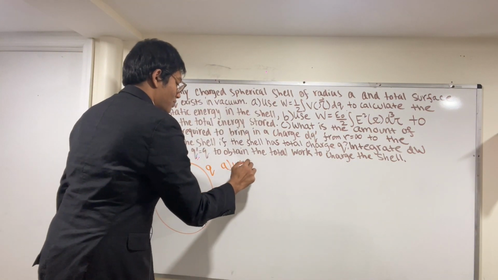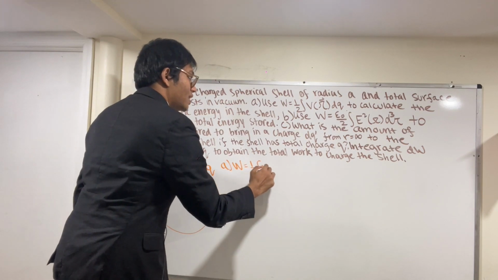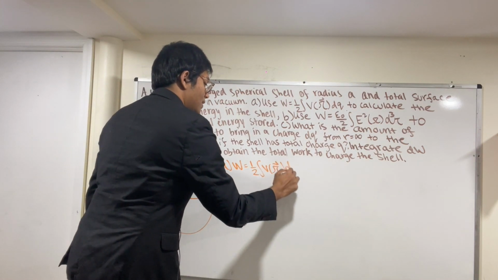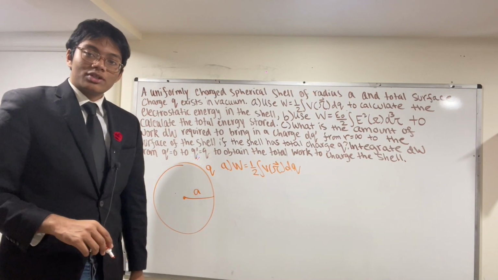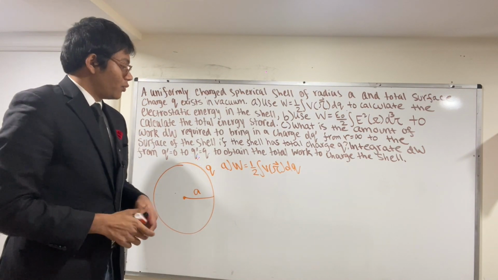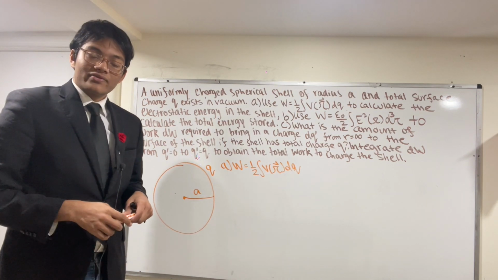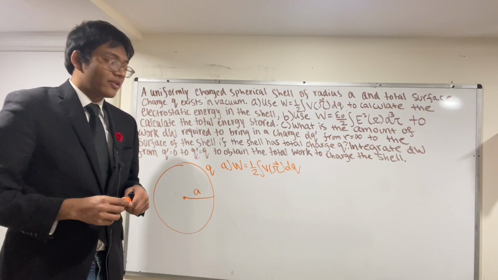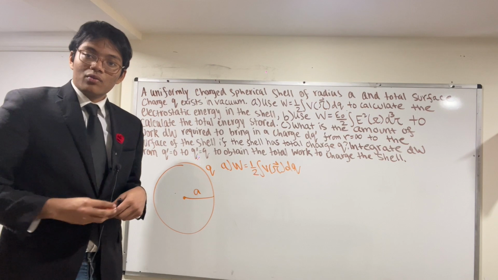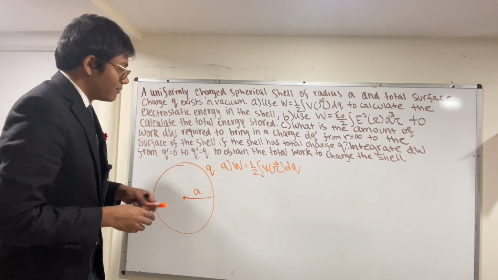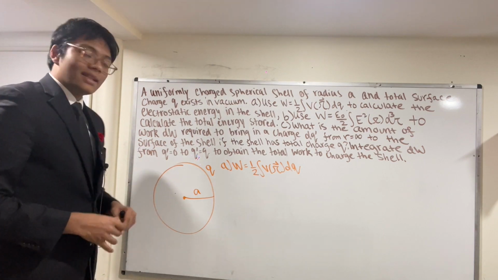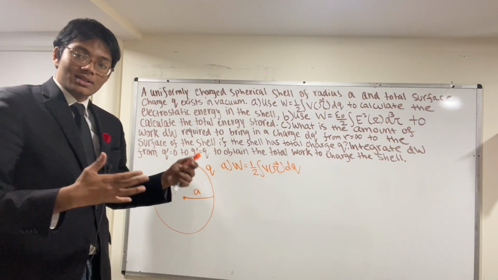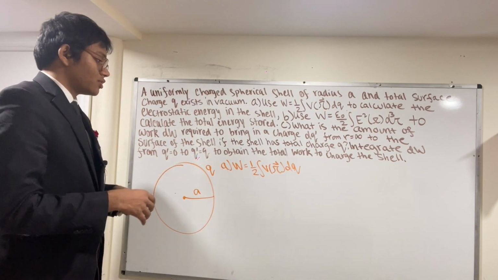The work is equal to half V dq to find the total amount of energy in this electrostatic charge distribution. Now, we derived or informally derived this formula in the lecture of this video, so you can go ahead and watch that if you'd like a review for this. But now we're just going to find the potential of this sphere and then plug that into this formula to determine the energy for this charge distribution.